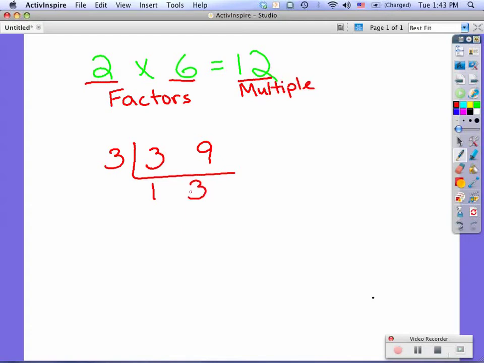In this case, my GCF would be the number on the outside, which is 3. And my LCM would be all the numbers on the outside. Because the only time I draw another line going underneath the cake is when I can actually keep dividing.